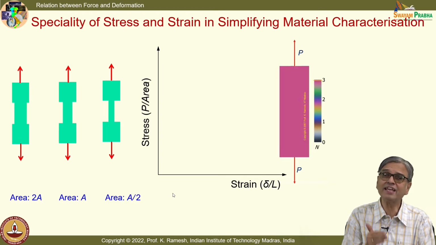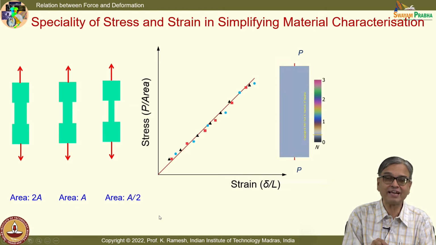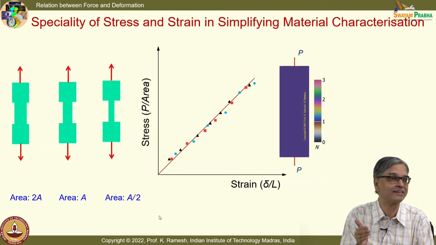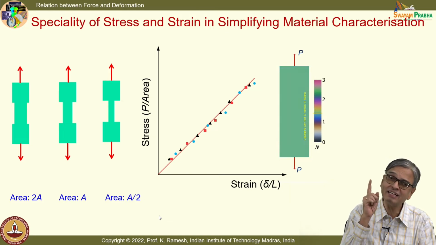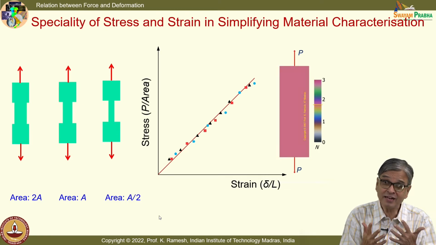What is striking is, the data collected differently in the previous set of graphs now all lie on one line. That means to characterize a material, just one experiment is sufficient. It's a very fundamental understanding.